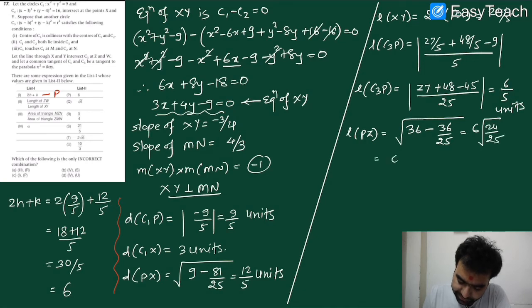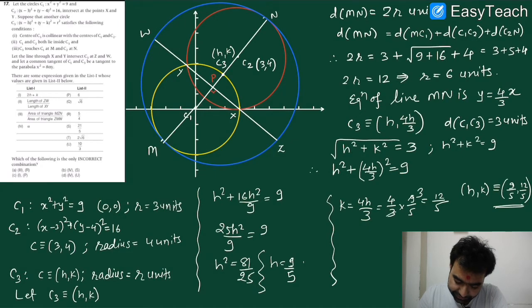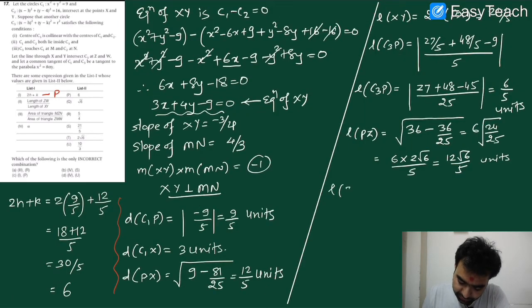Sorry, root 24 will be 2 root 6. So here 2 root 6, so 12 root 6 by 5. And the length of ZW is double the length of PZ, that is 24 root 6 by 5 units. Now what we want to calculate is the length of ZW upon the length of XY.